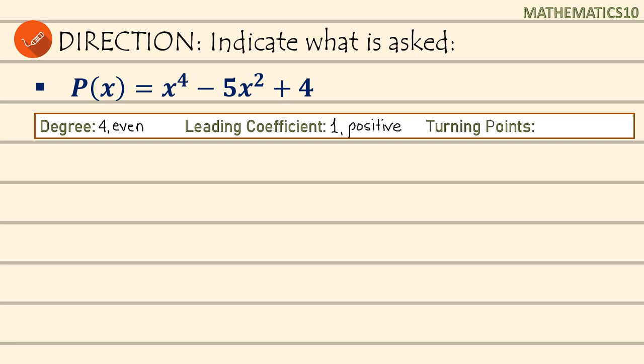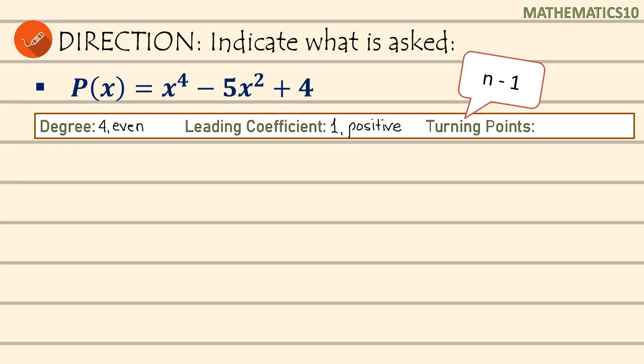And lastly, the number of turning points. So again, what is our formula to find the maximum number of turning points? Based on the definition, it is at most n minus 1, where n refers to the degree of the given polynomial function. Based on our answer a while ago, the degree is 4.